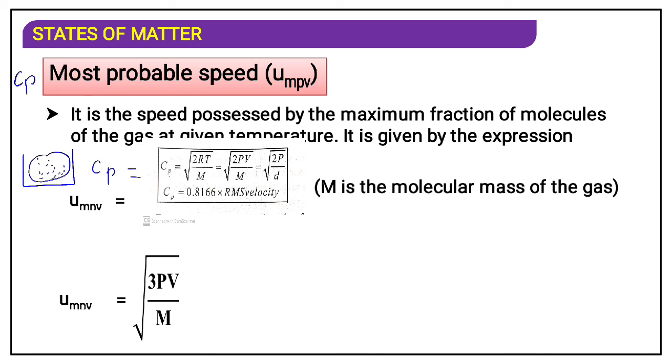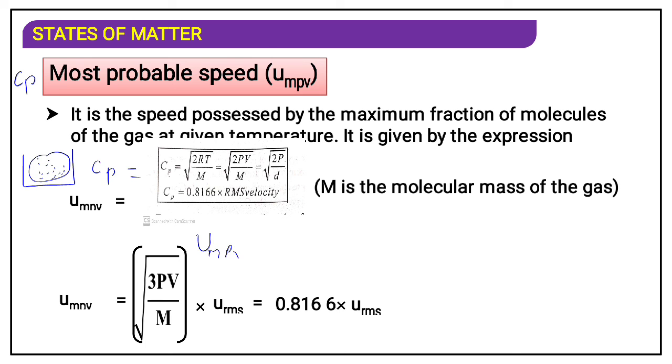Then when you come to the comparison between these three, u most probable velocity is equal to square root of 3PV divided by M, that into u rms. Or we can also write it like this: u mpv is equal to 0.8166 into u rms.